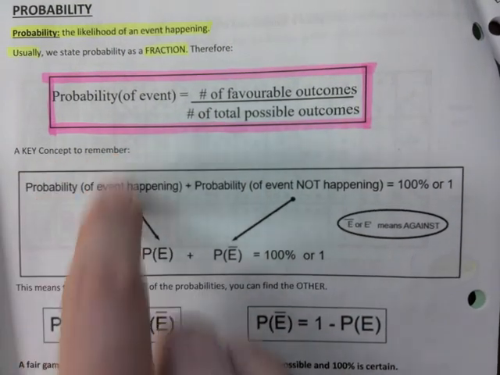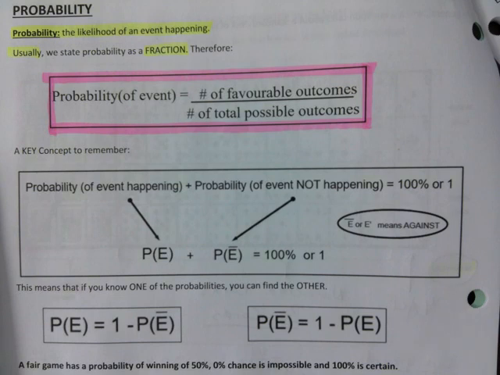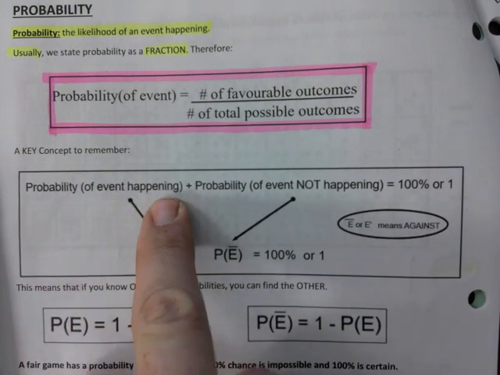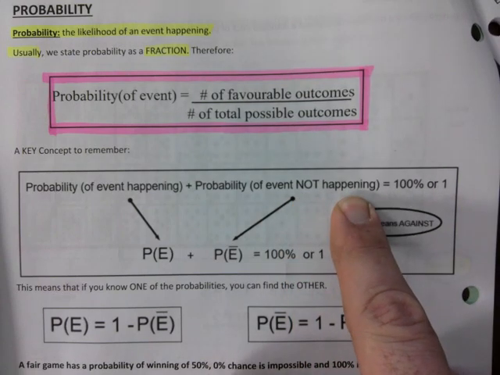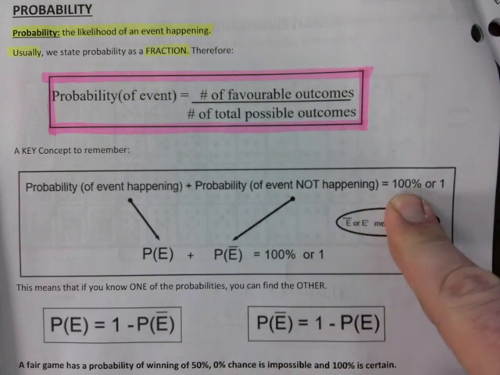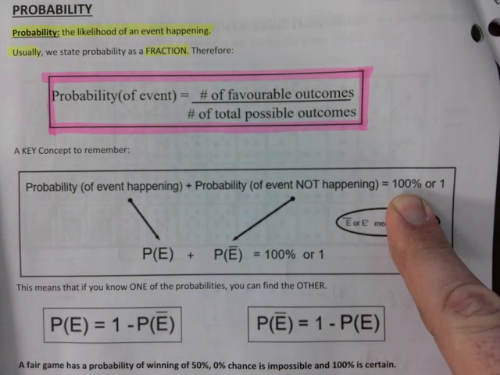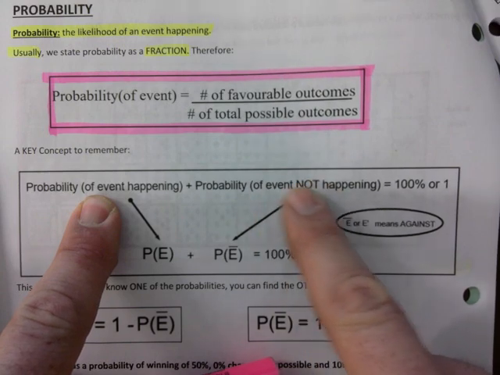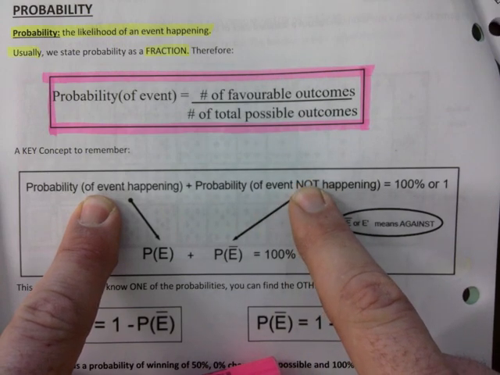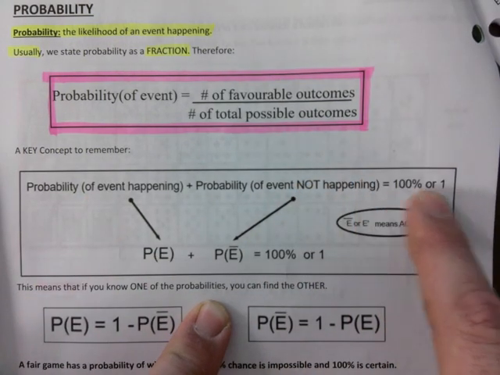A key concept to remember, that the probability of an event happening and the probability of the event not happening is always going to add up to 100%. So if they say 40% chance of rain, that means, right, that means that there's a 60% chance of it not raining. So combined, it adds up to 100%, or 1.